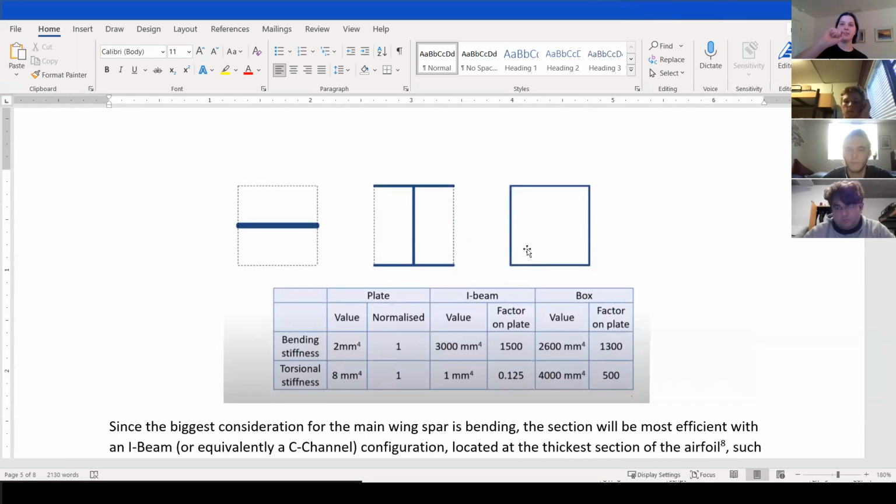You can have less material if it's farther out from the neutral axis, and the neutral axis is just the one running that way, the middle. What they say, thick wings save lives.